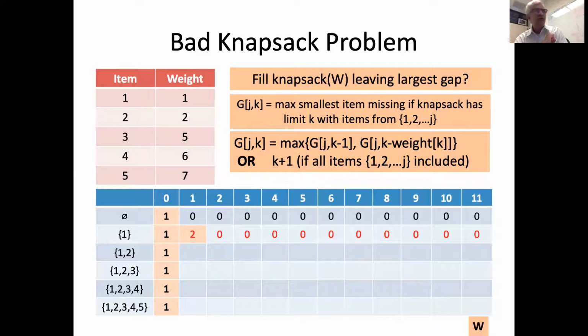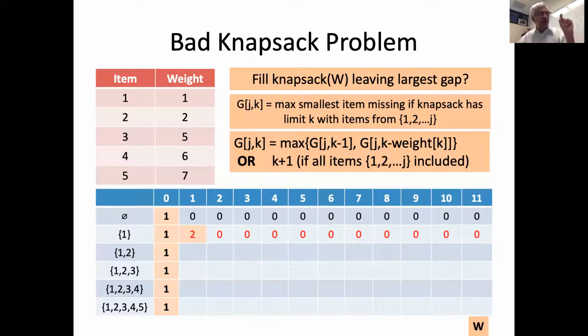Okay, so that's why it says 2, because obviously I have to take 1. And the first thing that's missing is number 2. And remember, the items are sorted. So if 2 is missing, it also means that I cannot put 3 or 4 or 5 there, because they're sorted by weight.